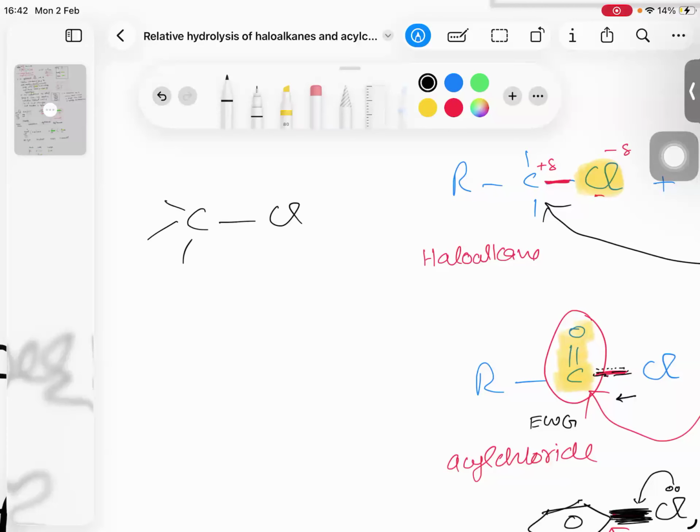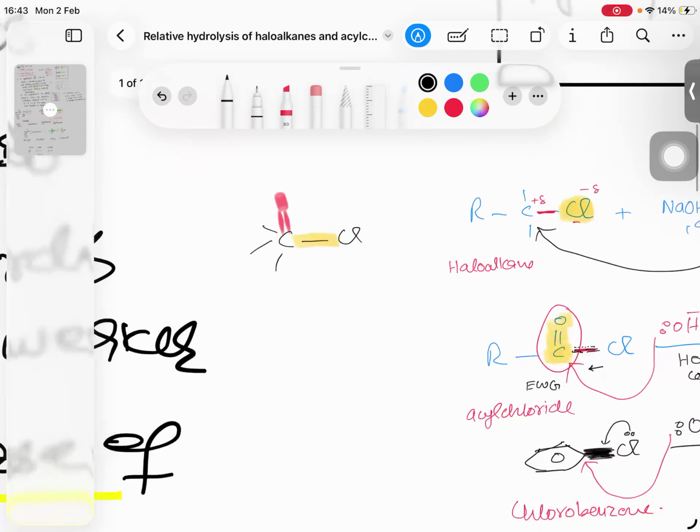If the C-Cl bond is stronger, hydrolysis is hard. If the C-Cl bond is weaker, hydrolysis is easy. How does this C-Cl bond become weaker? If you put C=O here, it's going to weaken this bond. And how does it become stronger? If you put a benzene ring next to it.